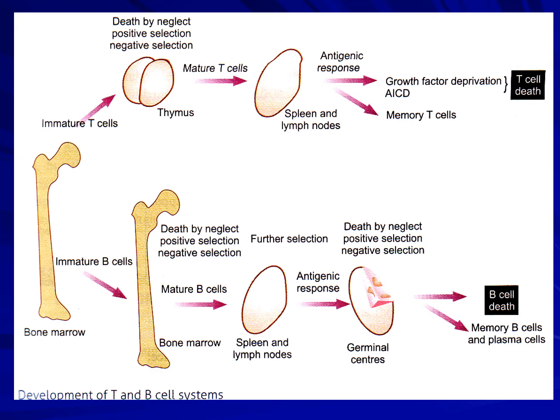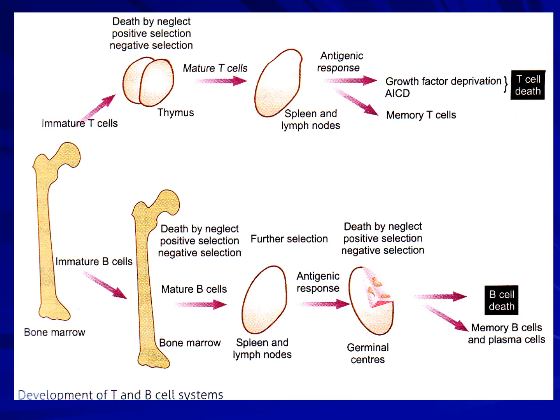Let's come to the T cells. The same immature T cells are released from the bone marrow. They enter into the thymus, and in the thymus there is maturation. And maturation is based again by the same three processes: death by neglect, positive selection and negative selection.